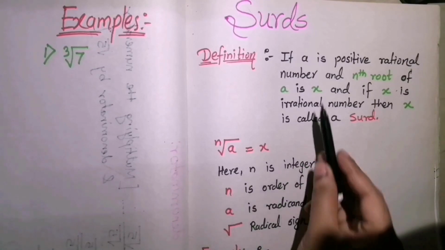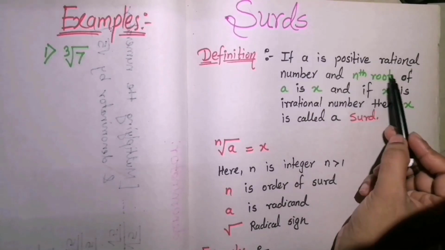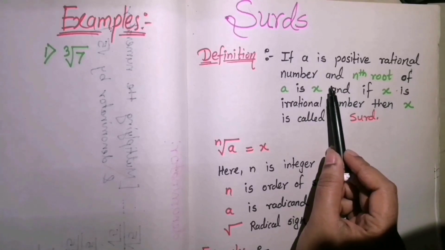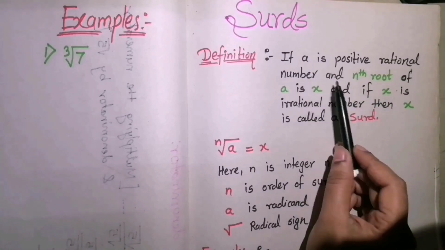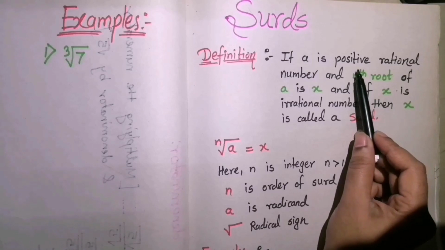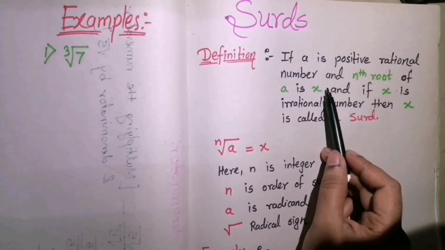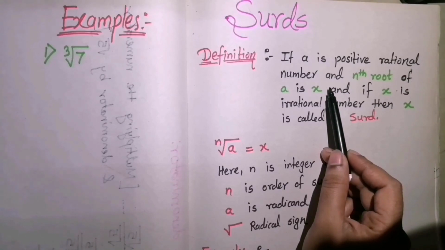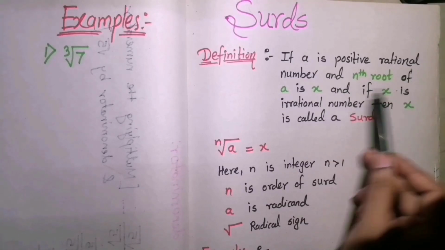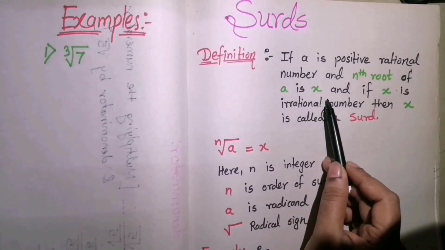So we have, if A is a positive rational number, right? Rational number means they are in the form of positive numbers. You know that a rational number is like P by Q form, or a real number or a natural number also, integers like that. And the nth root of A is x.